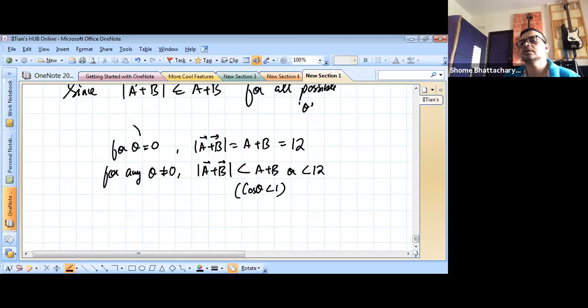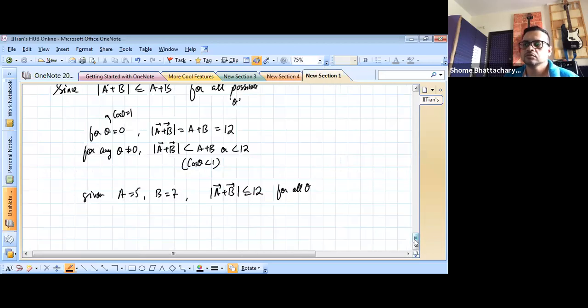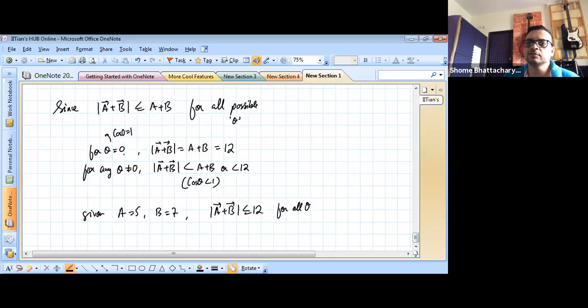Whereas here we know that cos 0 is equal to 1. So now what we can say is that given that magnitude of A is 5 and magnitude of B is 7, magnitude of A plus B in general is less than or equal to 12 for all theta. So even if I don't know the angle theta between them, I can say one thing: it cannot exceed 12. It can be 12 when the value of theta is 0, but it cannot be more than 12.